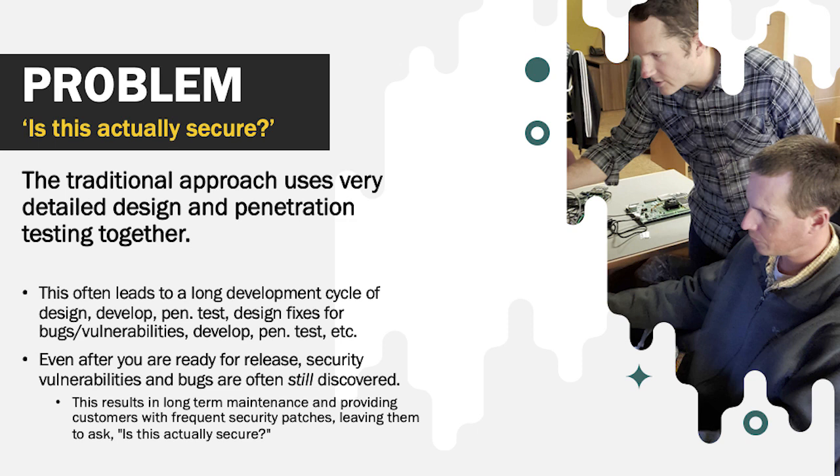Eventually you get to a point where you decide you're happy for release, but often after that, security vulnerabilities and bugs are still discovered. So this can result in long-term maintenance and providing customers with frequent security patches, and often leaving them still to ask, is this actually secure?